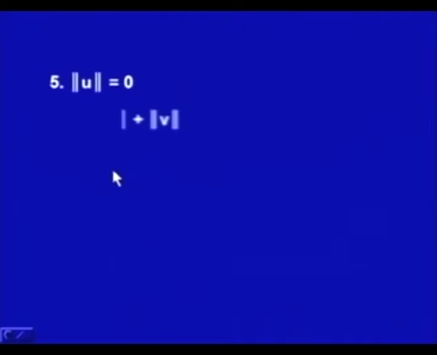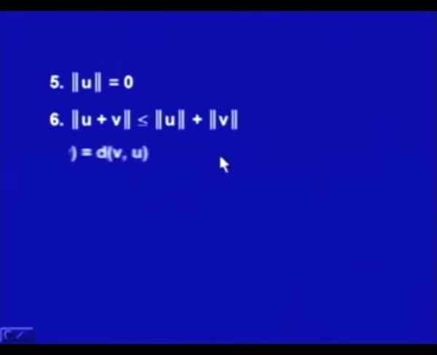And fifth, the norm of u is equal to 0 when u is equal to 0. Next, the norm of u plus v is less than or equal to the norm of u plus the norm of v.